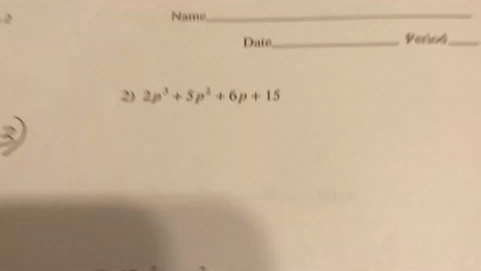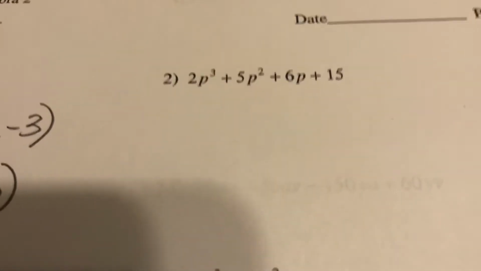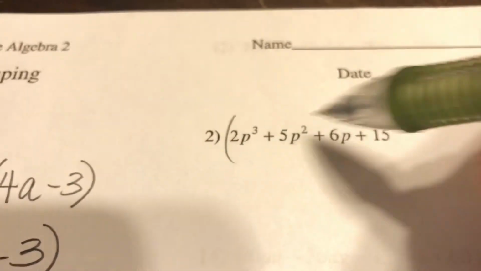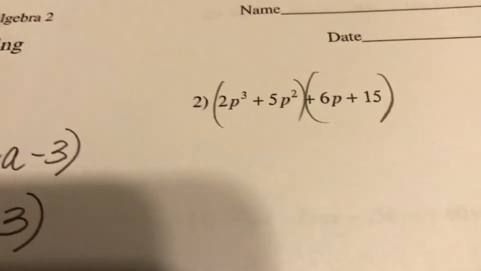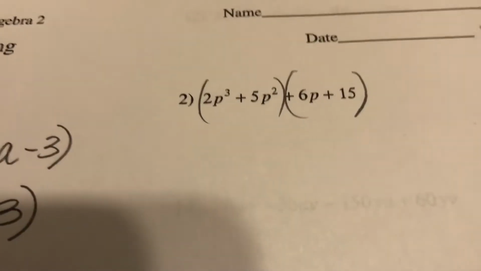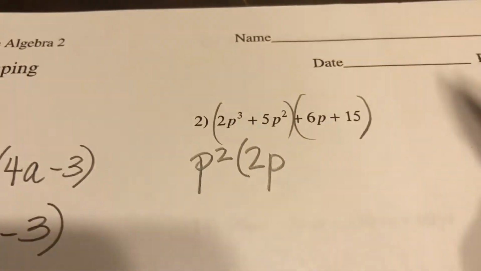Let's try this one. We're going to do 4 today. So 2p cubed plus 5p squared plus 6p plus 15. So I'm going to do this. And the numbers don't have anything in common, so there's nothing I can pull there, but I'm going to pull that p squared out. So p squared times 2p would give me 2p cubed.